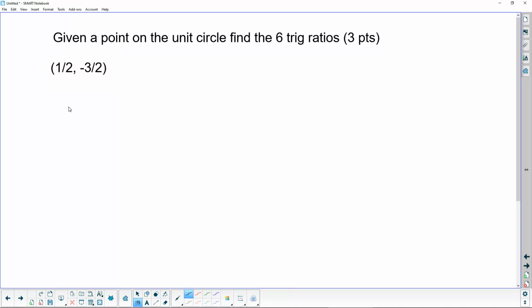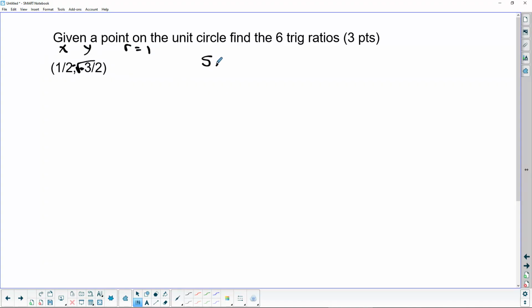Okay, so this is going to be root here, not negatives out front. So that means this is x, this is y, r equals 1.